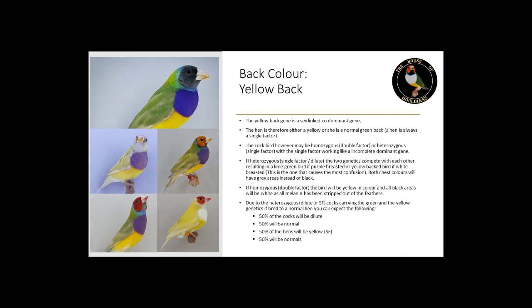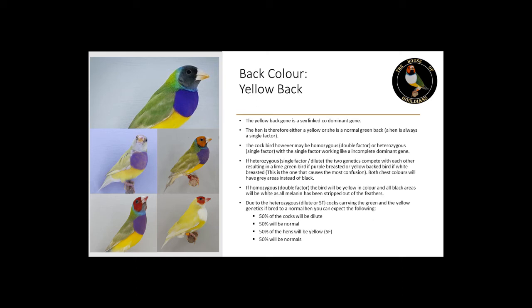You will not get a double factor, in other words, from your dilute to normal hen pairing. If, however, you had to put that same dilute cock to a yellow hen, you may then get either dilute cocks or double factor cocks from that particular pairing.